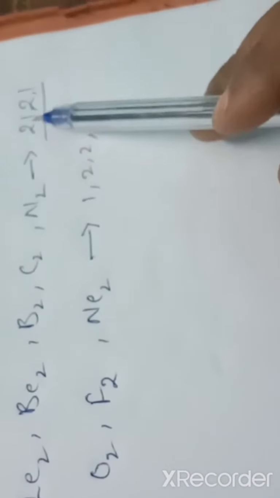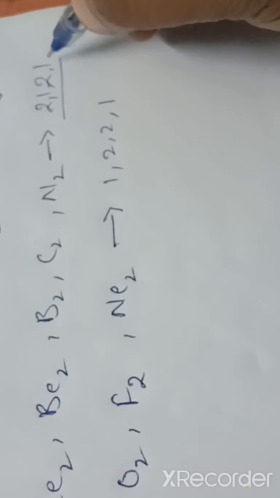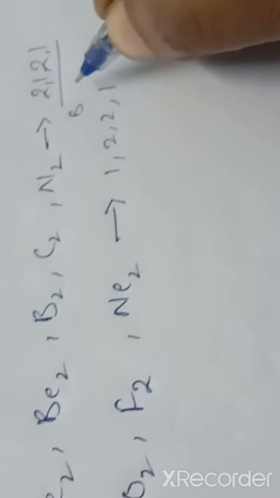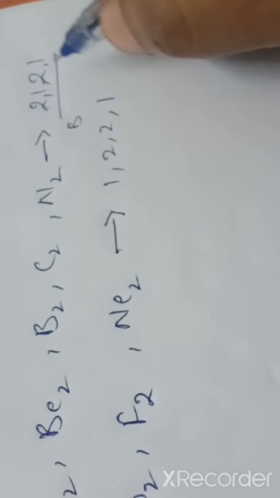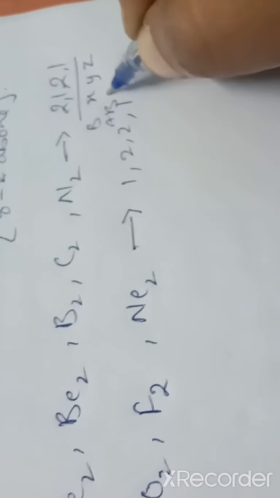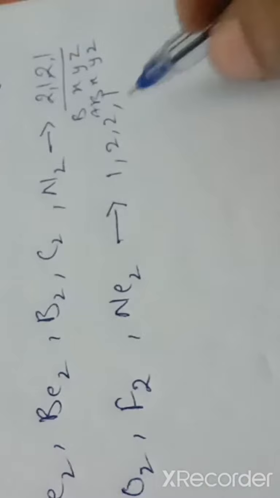For lithium, beryllium, boron, carbon, nitrogen, the 2 1 2 1 rule, and for oxygen, fluorine and neon, the 1 2 2 1 rule. In the 2 1 2 1 rule, in bonding orbitals x, y, z will be filled first, and in anti-bonding the same x, y, z will be filled first.